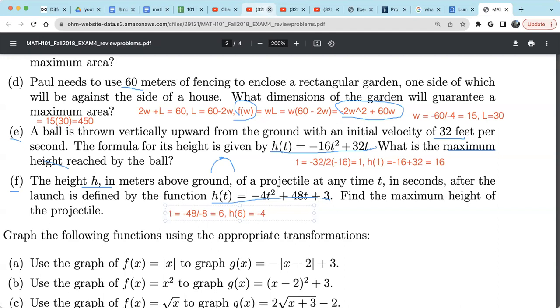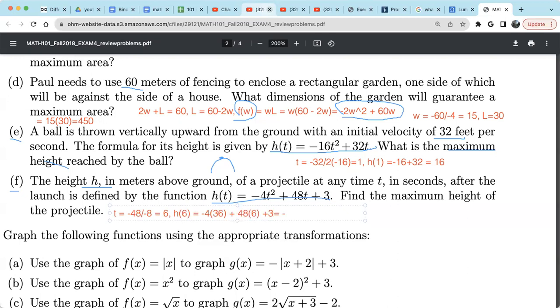We have negative 4 times 6 squared, which is 36, plus 48 times 6, plus 3. So negative 4 times 36, what do we get?